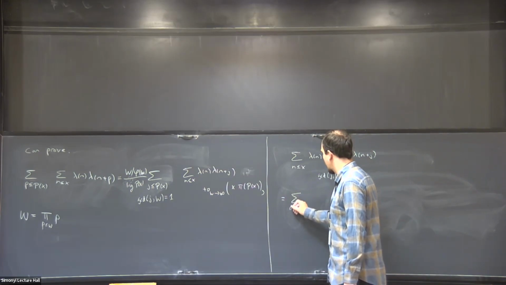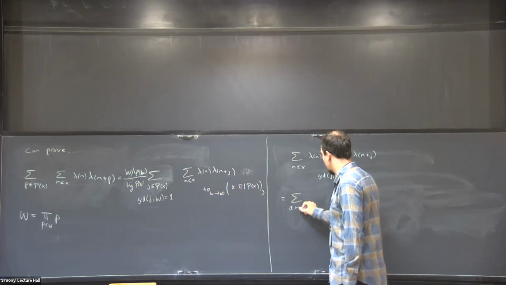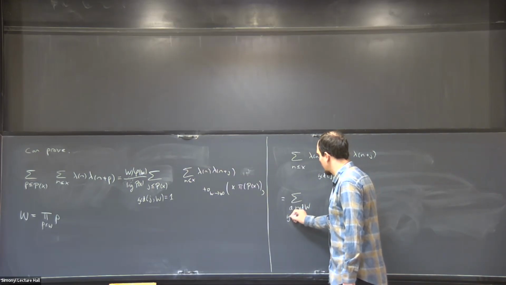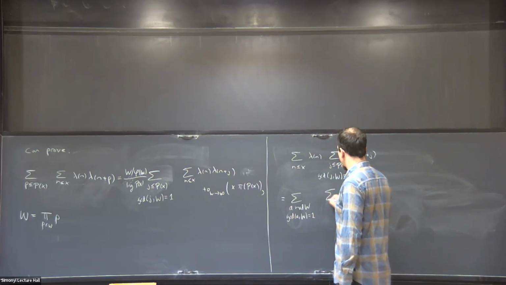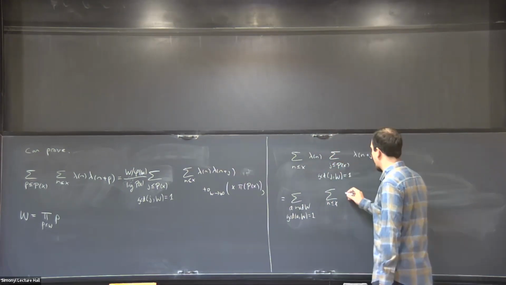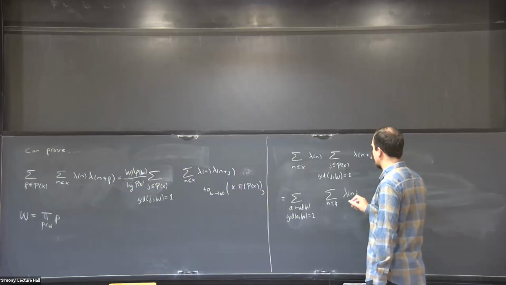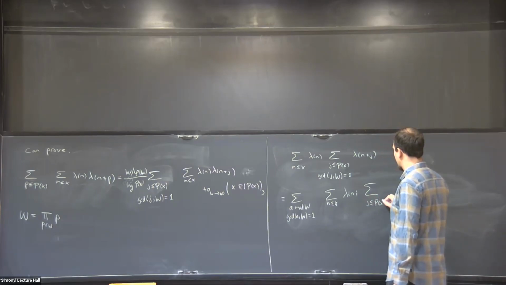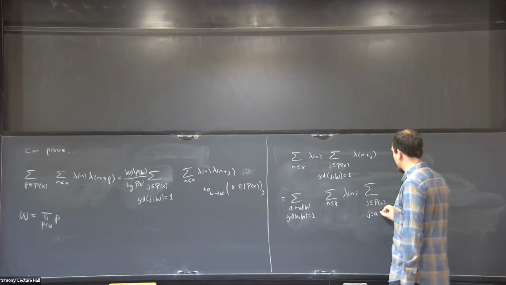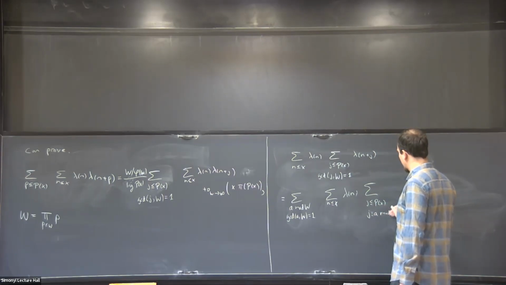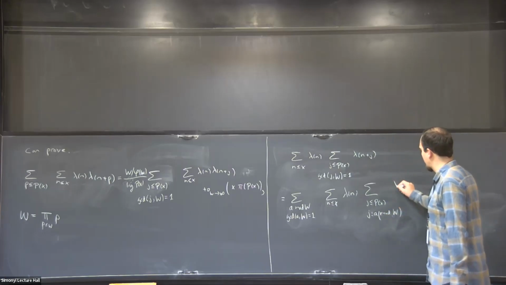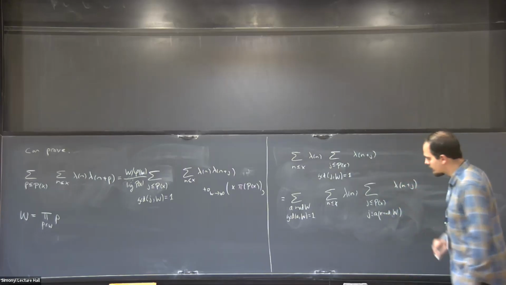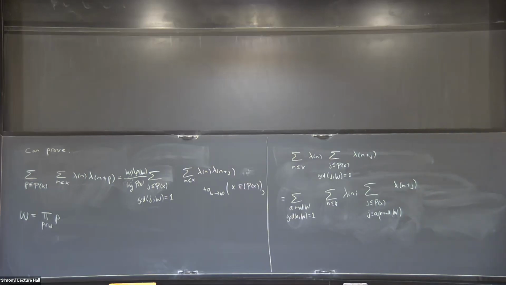So let's say j is a modulo W. Okay, so just split the j sum into different progressions, modulo W.